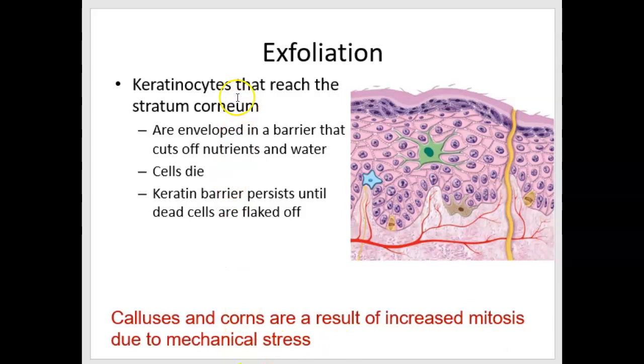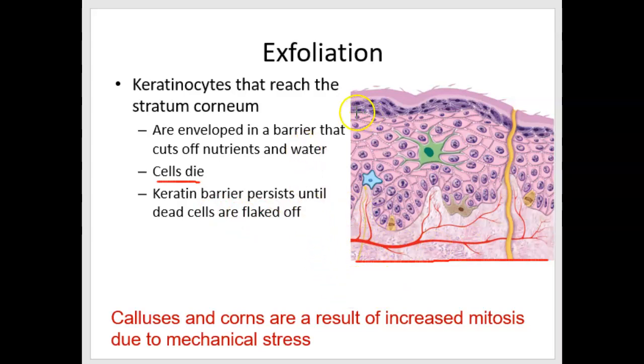By the time the keratinocytes reach the stratum corneum, the cells are going to die, and they die because they are so far away from the nutrients, glucose, and oxygen that they need to survive. And that's because the blood vessels are in the dermis.